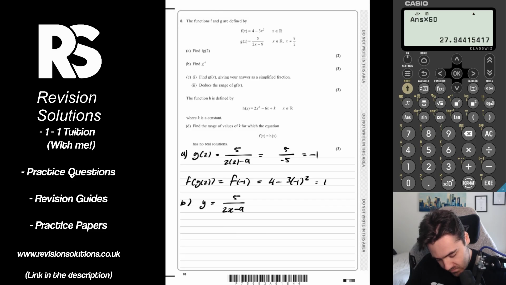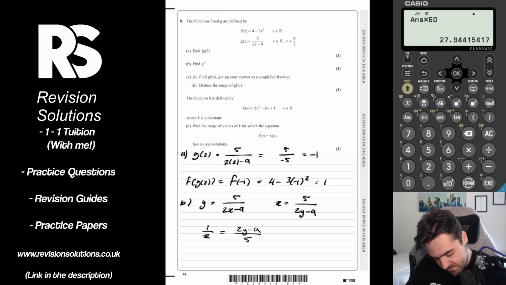So we start with x equals 5 over 2y minus 9, and then start to rearrange. Let's just flip both sides, I think, would probably be the easiest thing. So if we did that, we would have 1 over x equals 2y minus 9 over 5.